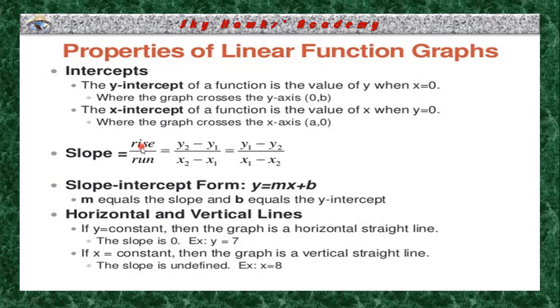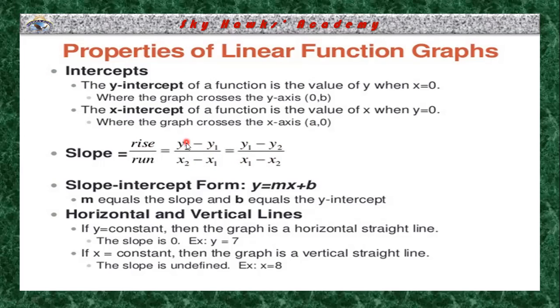To find that ratio, if two points are given, this is the golden rule: y2 minus y1 over x2 minus x1. You can change the order, but the most important thing is that if you change the order in the numerator, that order must be followed in the denominator also.